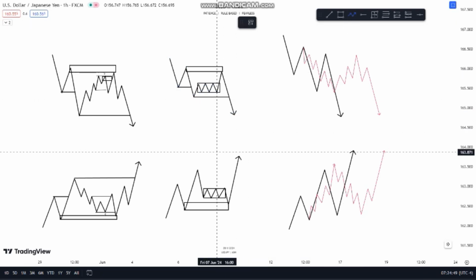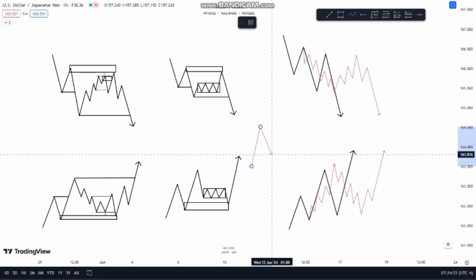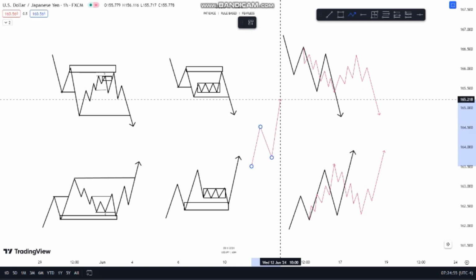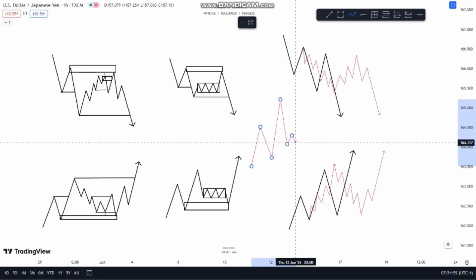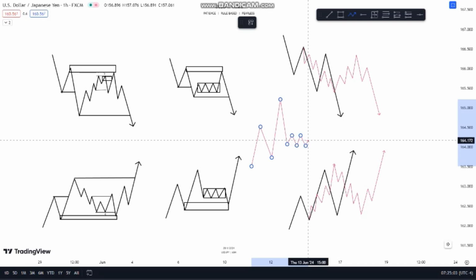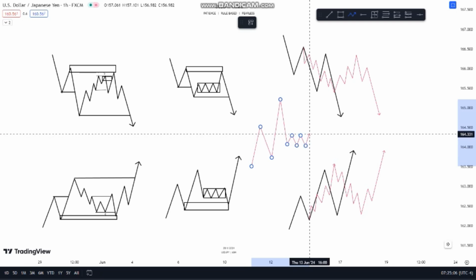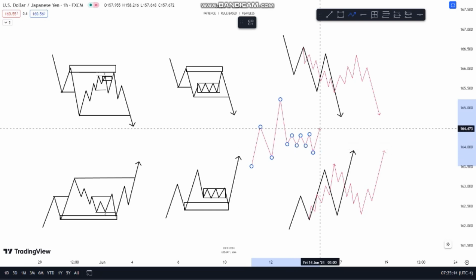For example, sometimes you have something like this also. Price starting to accumulate order. Next thing you have is this. To take this trade, first of all, you wait.